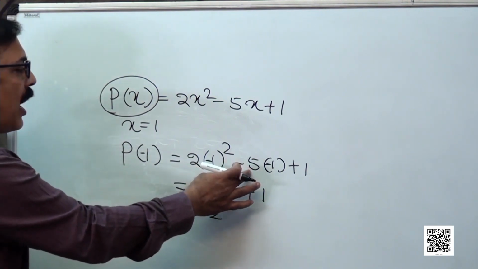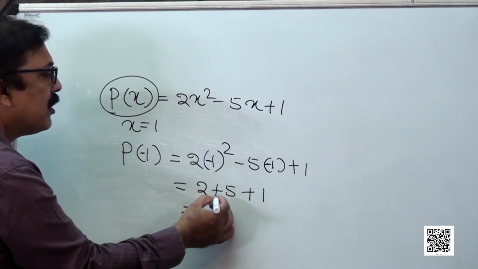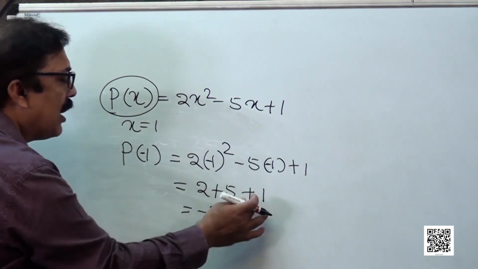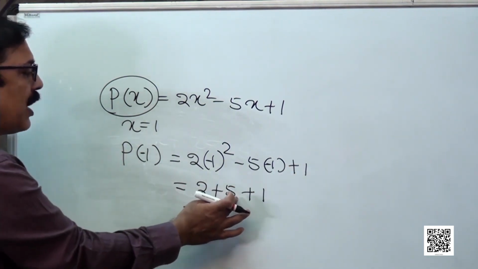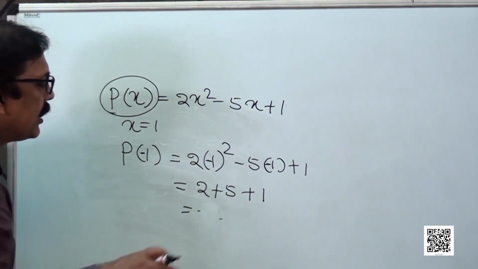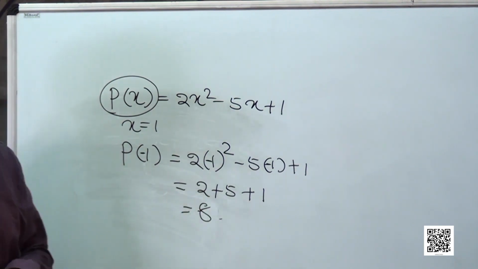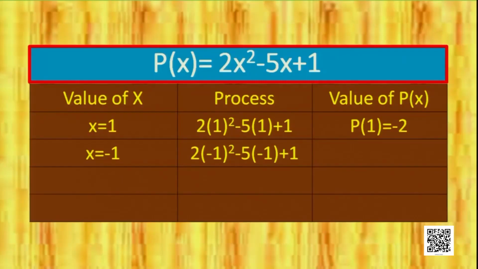Then −5 into −1 is +5, plus 1. So 2 + 5 is 7, plus 1 is 8. So for x = −1, the value of the polynomial is 8.